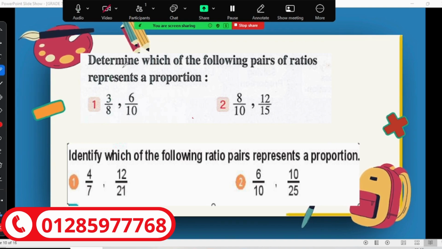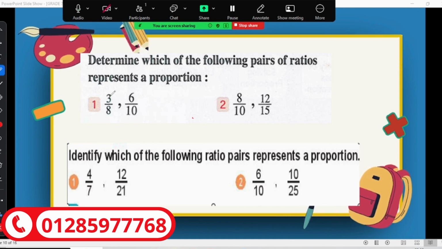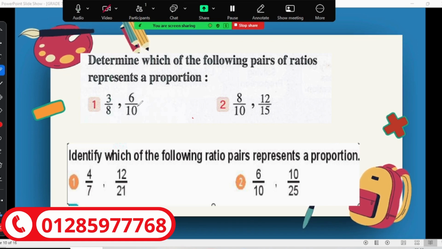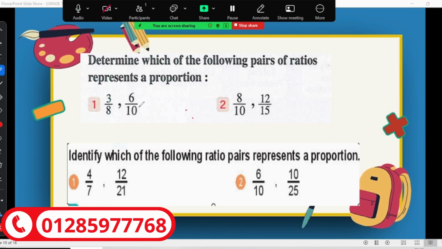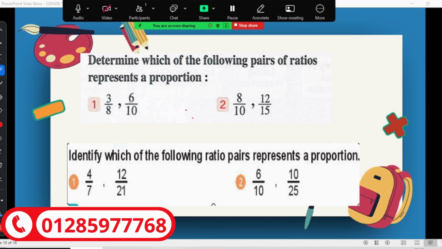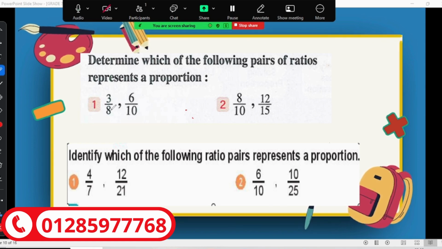At first, determine which of the following pairs of ratios represents a proportion. We have here 3 over 8 and 6 over 10, and we want to say if they are proportional or not.